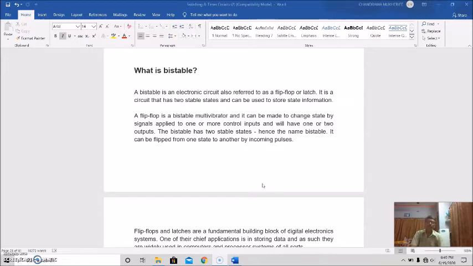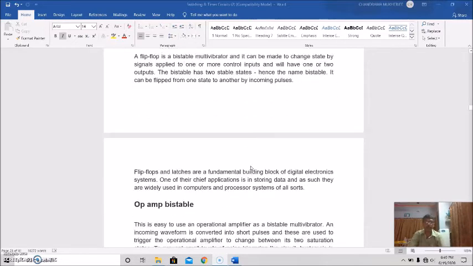A bistable multivibrator or flip-flop can be made to change state by signals applied to one or more control inputs, and will have one or two outputs. So a bistable has two stable states, hence the name bistable, and it can be flipped from one state to another by incoming pulses. This is very important.